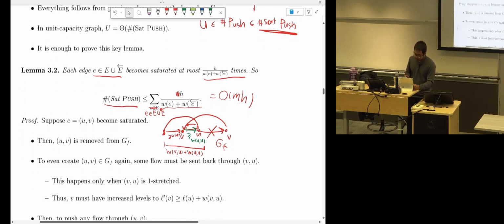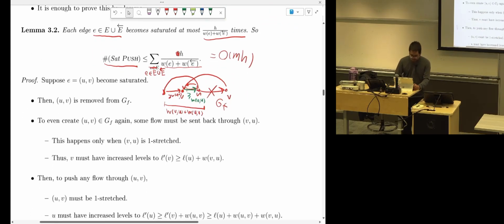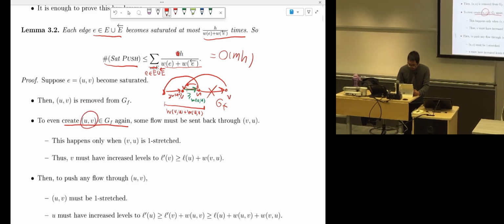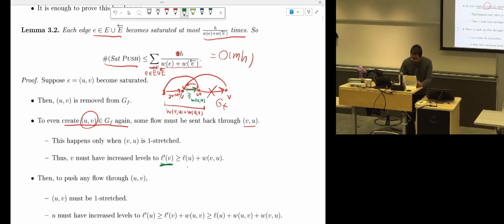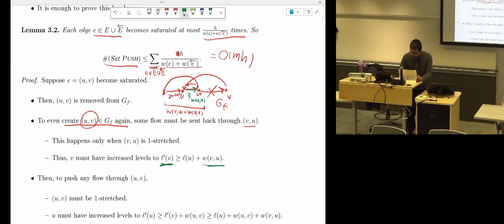Okay, so this is what I just said. To create this edge UV, you must send flow back from V to U. At that time, the level of V needs to be more than the level of U by this much.